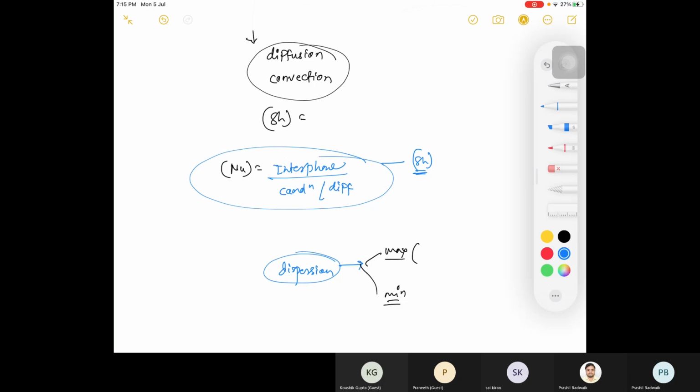I am writing axial dispersion. Where will it be maximum? CSTR, right? So suppose I am defining a number, the dispersion number, and that is directly proportional to your axial dispersion. Can you calculate whether your reactor is performing like CSTR or PFR? Based on that, you can.